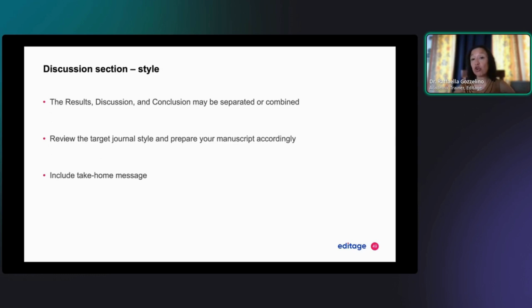So the style for the discussion section, the results, the discussion, and the conclusion might be either separated or combined according to some journals. For instance, the Science journals are mainly combined. Review the target journal style and prepare your manuscript according to the instructions for authors, and then always include the take-home message.